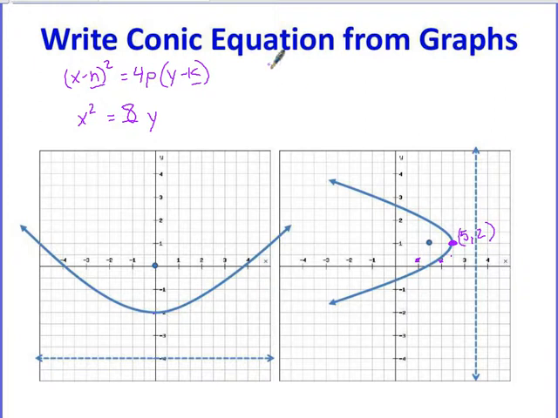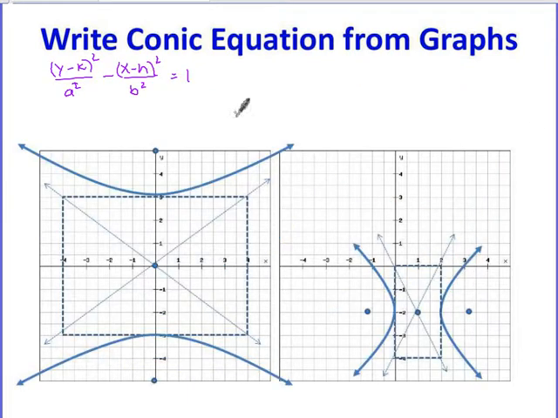If my vertex is at (5, 2), on the left side, I'm going to have (y − 2)², and it's going to be equal to some number, we don't know yet, times (x − 5). Because that would give me my (5, 2) as the vertex. The focus here is 2 away, so if p is 2, 4p is 8.